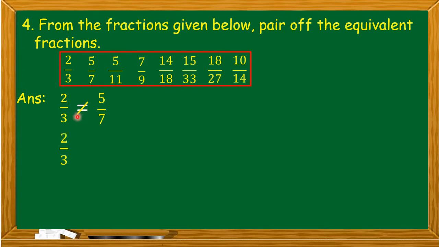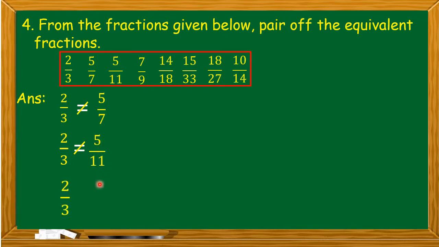Next fraction is 5 upon 11. Here also, look at the numerators of both the fractions. You will find that 5 is not the multiple of 2. Therefore, these two fractions are also not equivalent.